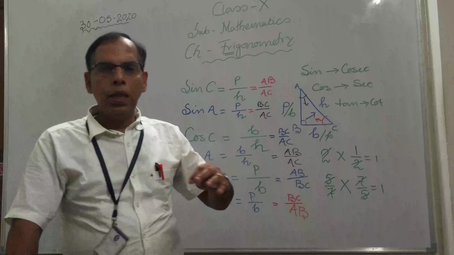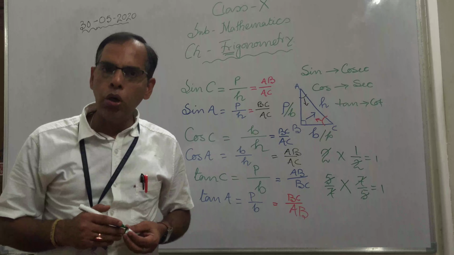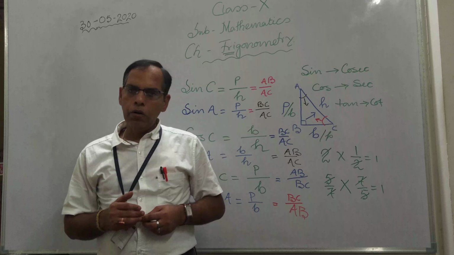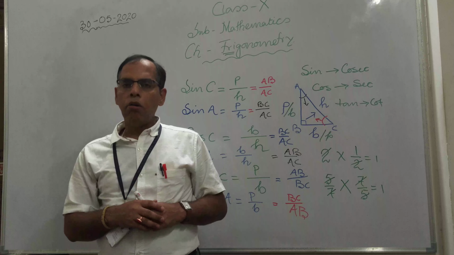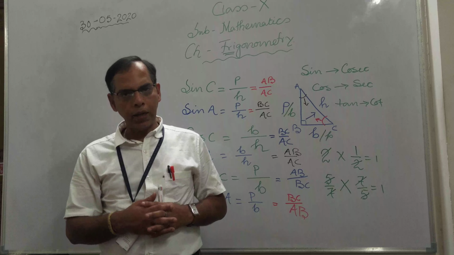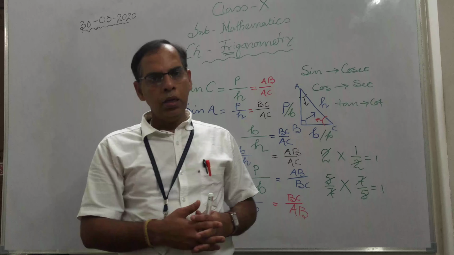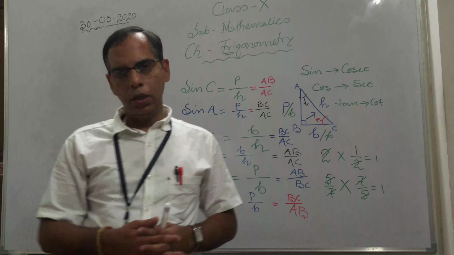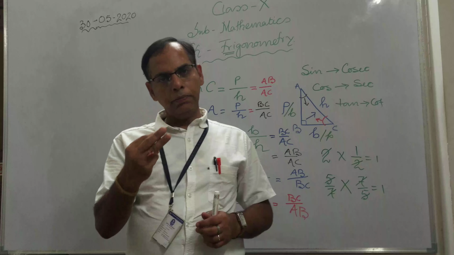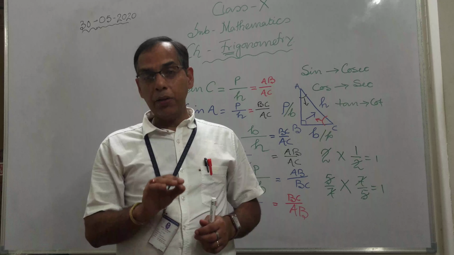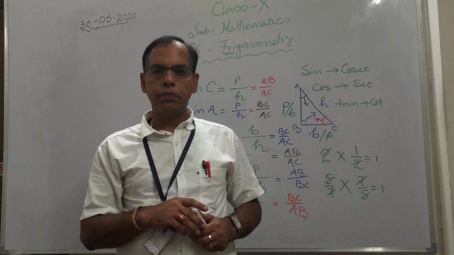So to tell at the end what you come to know: in trigonometry we will study the 3 sides and 3 angles of a triangle. The word trigonometry came from 3 words. Tri means 3, gon means side, metron means measurement.